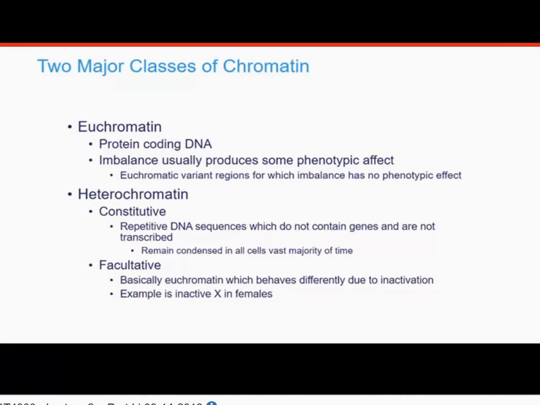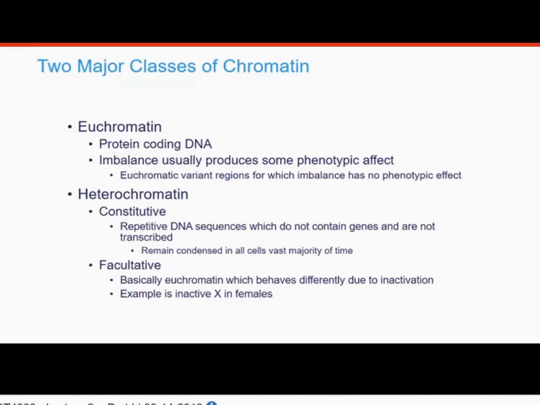But the euchromatin is opposed to heterochromatin, and there are two different types of heterochromatin. One is constitutive. So these are the repetitive DNA sequences which don't contain genes, and they're not transcribed. They remain condensed at all times, in the vast majority of the time.